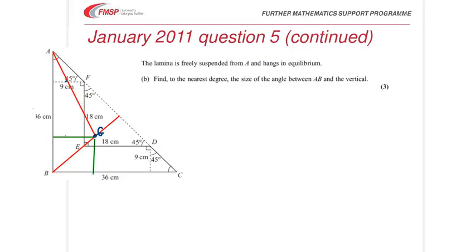So we want to find this angle, theta. And it's easy because we know where the centre of mass is now. This was the x bar, this was 11, and this was 11. So this distance here is 25. So tan theta is 11 over 25, giving theta is 24 degrees.